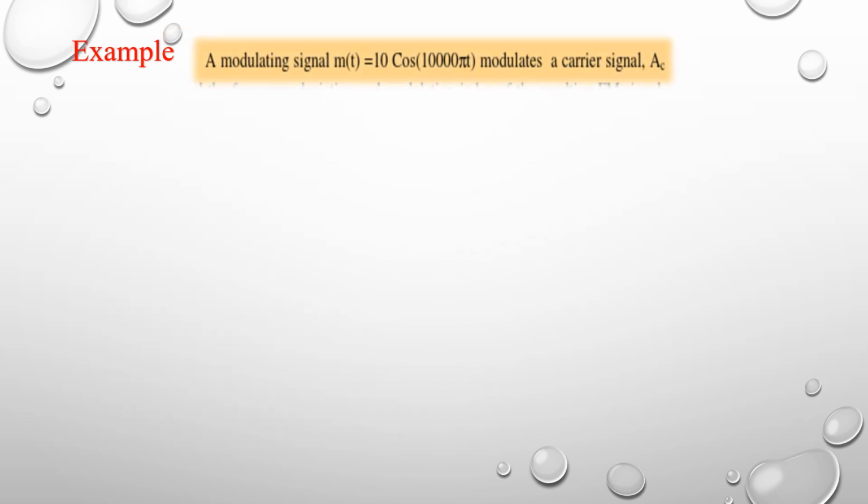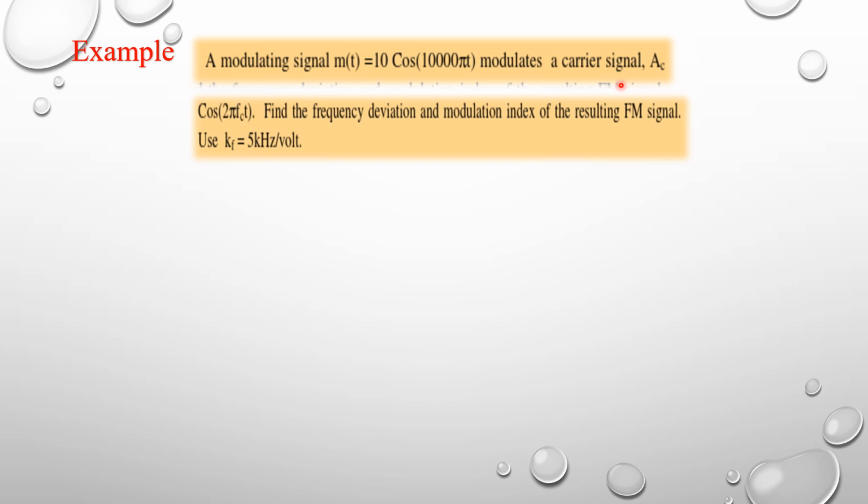The given problem is: a modulating signal m of t equal to 10 cos 10,000 pi t modulates a carrier signal Ac cos 2 pi fc t. Find the frequency deviation and modulation index of the resulting FM signal.